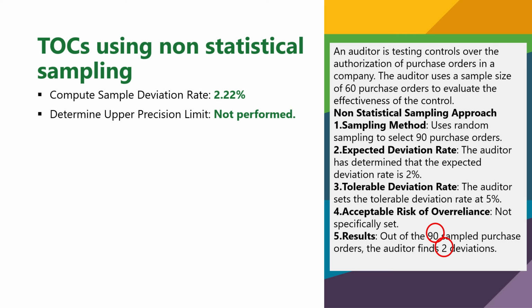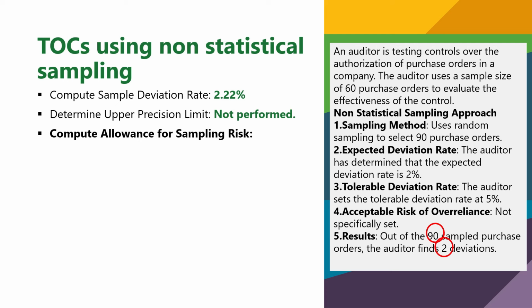That's why, if you notice in number 4, the acceptable risk of over-reliance is not specifically set. In fact, in some instances, the expected deviation rate is also not specifically set in the case of a non-statistical sampling approach. And because of this, we cannot determine the upper precision limit.